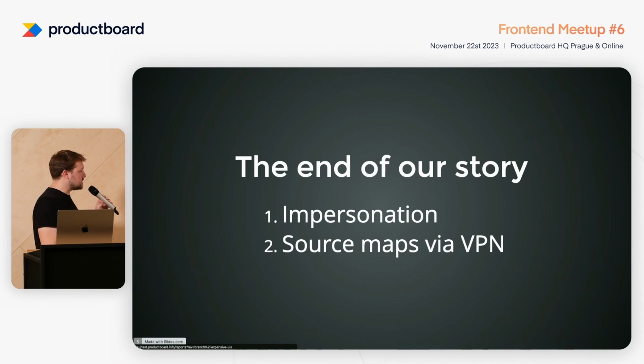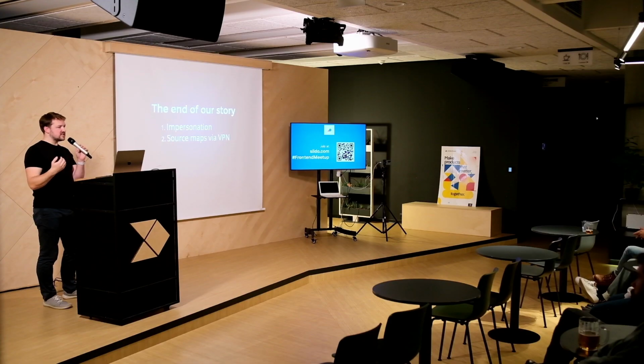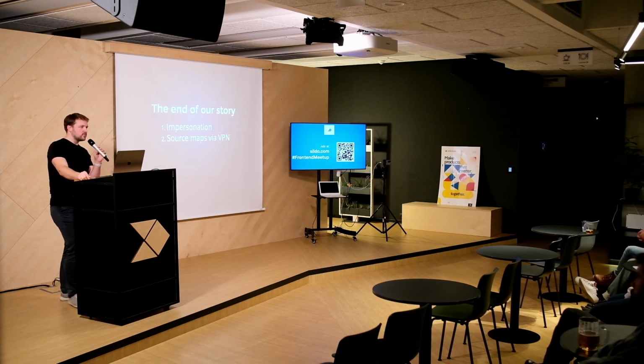All right. So I started with a story, and I'll end with the story also. In our case, when we had these performance issues, there were two important things which we decided to implement. First one was impersonation, and that really means that any of our clients can allow us to access their instance. So first they grant us the access, and then any developer can log in into their instance and debug the code on their own machine.